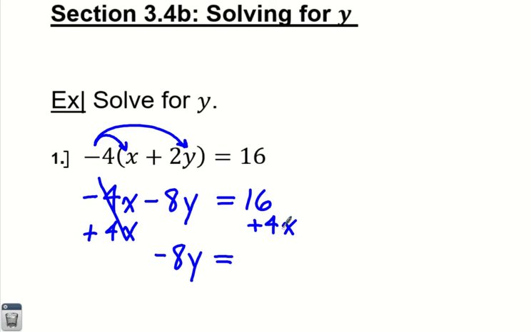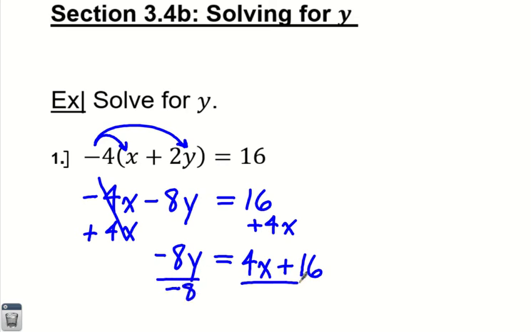They're not like terms. One has an x, one does not. They remain separate terms. I'm going to write the positive 4x and then the positive 16, putting the x term first. And now what do we do?